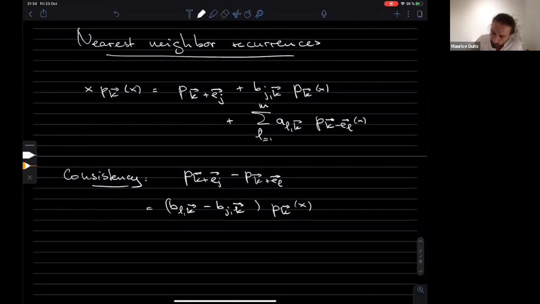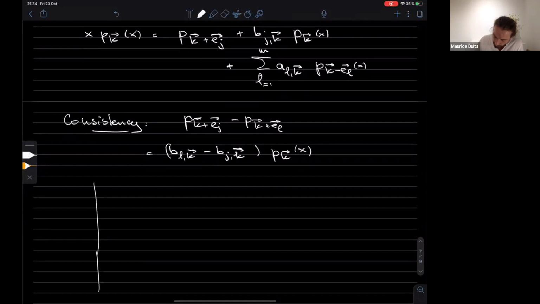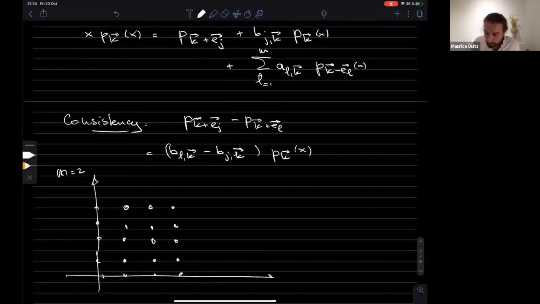I always think it's easier to see this if I put this a little bit graphically. If I just take m equals 2, then you can see this more clearly. There is a grid here. Okay, this is a very bad grid, but you get what I mean. For each point in my grid, it gives me a polynomial, right?